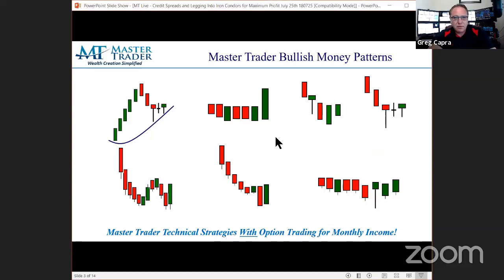So we don't subscribe to teaching people to memorize dark cloud covers and haramis and morning stars and shooting stars and so on. It's like, does it look like it's turning around? Those are the different pictures that say it's turning around. So that's our starting point. And then we just put them in multiple time frames.